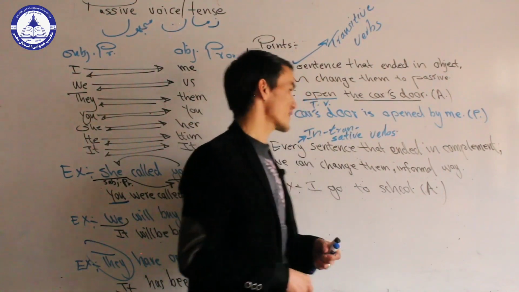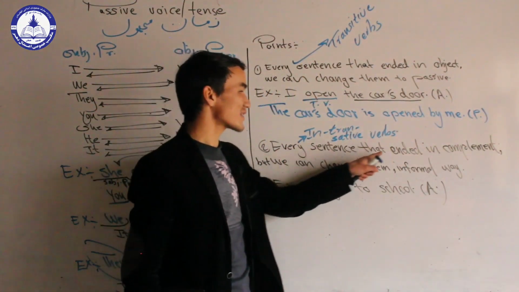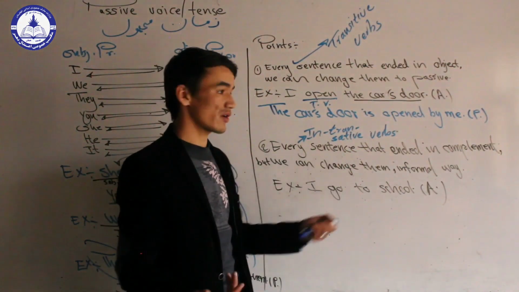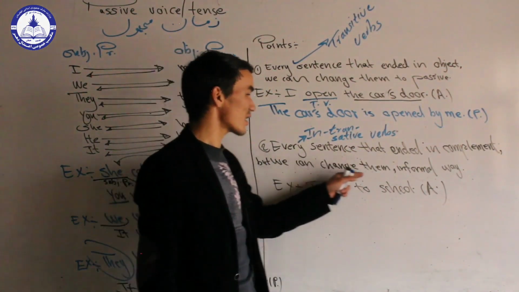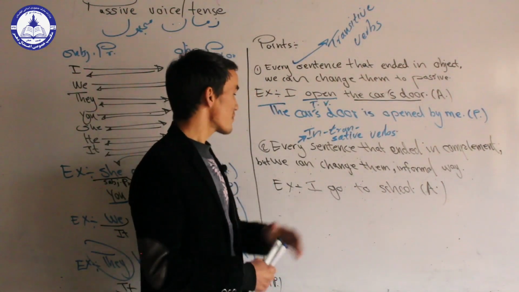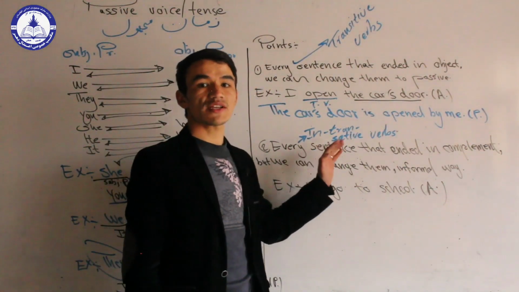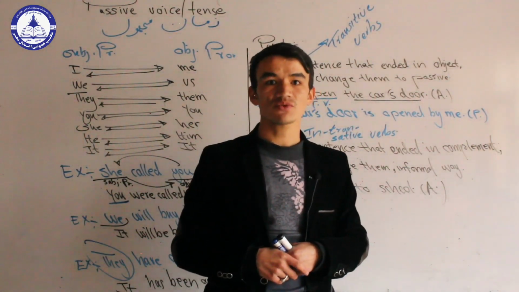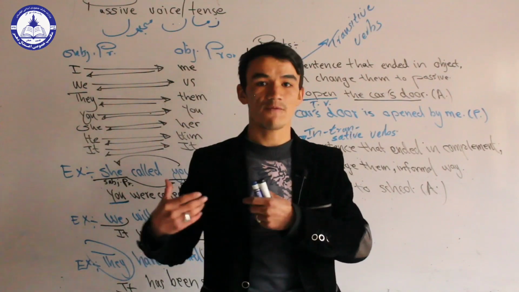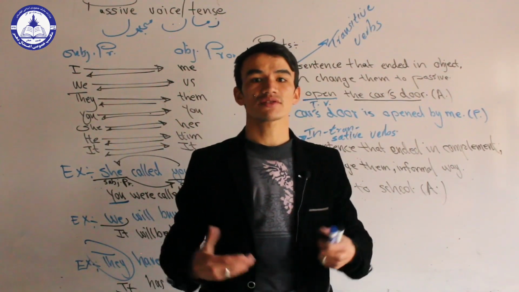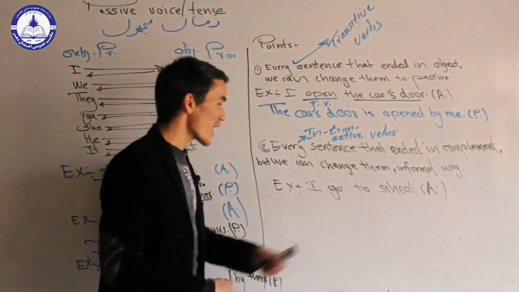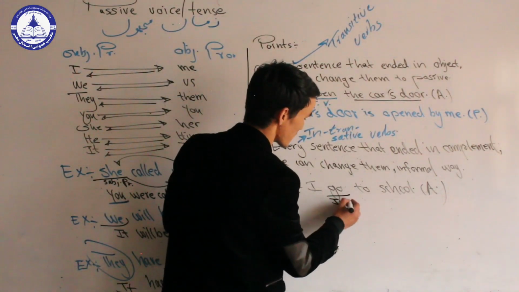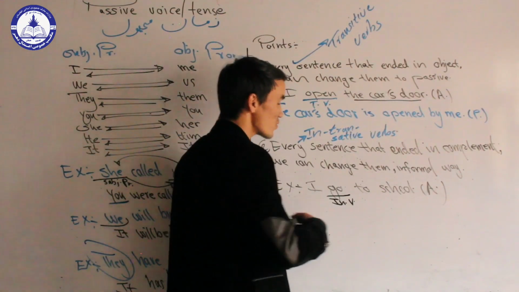The second point: every sentence that has a complement, we can change to passive form, but we can change it in an informal way. My purpose here is the intransitive verb. If you face an intransitive verb, you can't change it formally, but you can change it informally. Look at the example. I go to school, and here "go" is an intransitive verb, but "school" is not the object here.